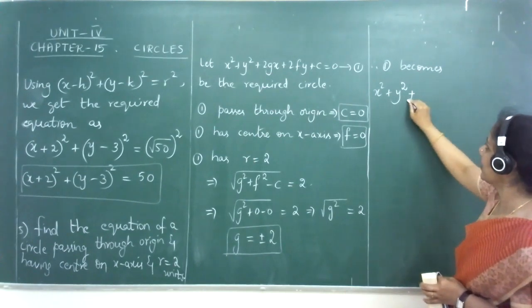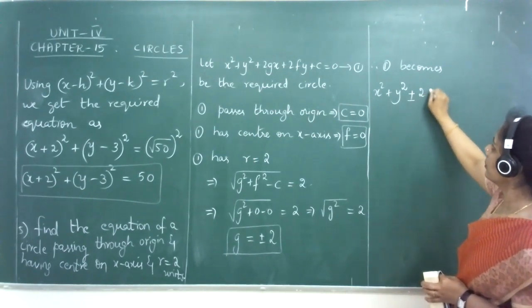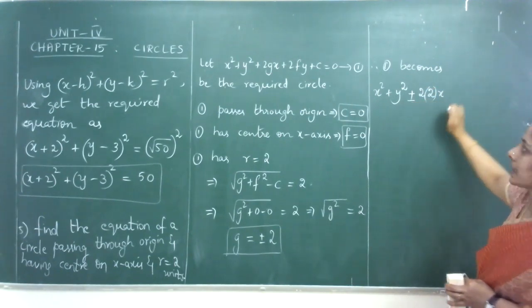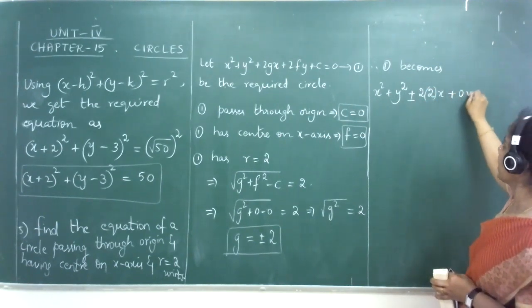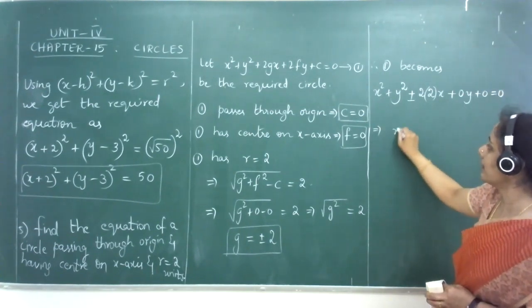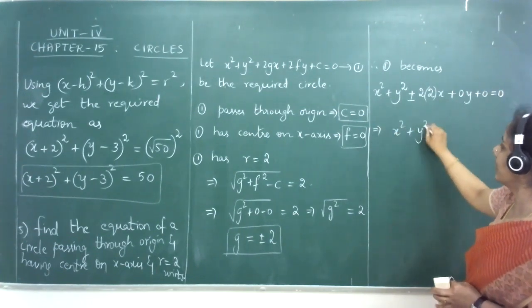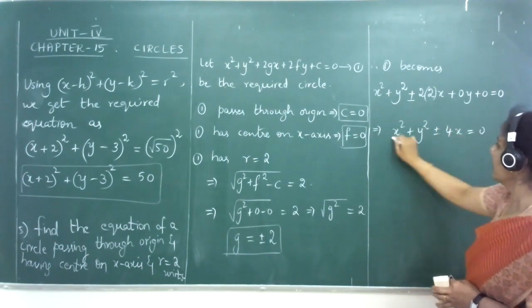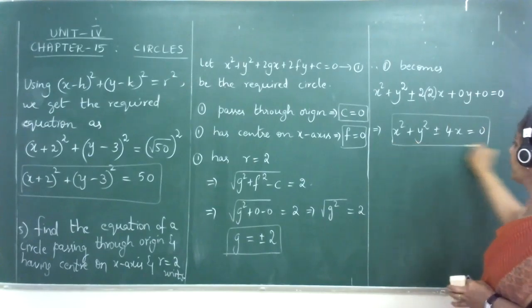So you will get plus or minus 2 into x. For G, I have taken plus or minus. F is equal to 0. C is equal to 0. That means we get the equation as x squared plus y squared plus or minus 4x is equal to 0. And this answers the above question.